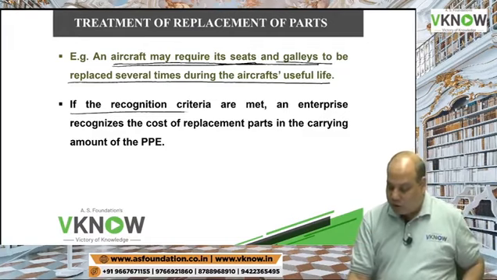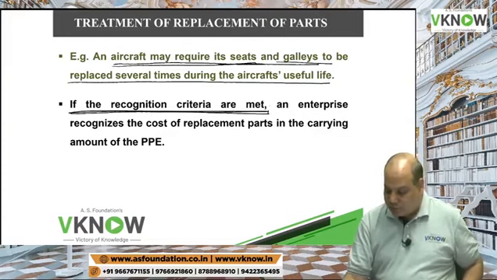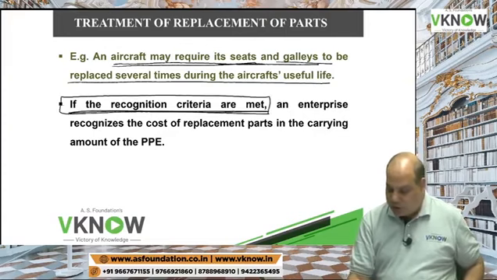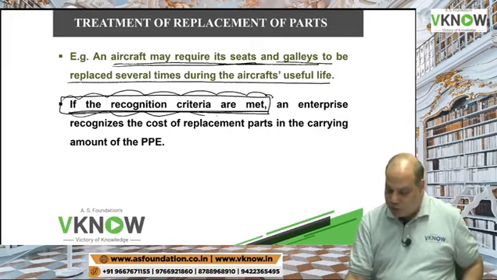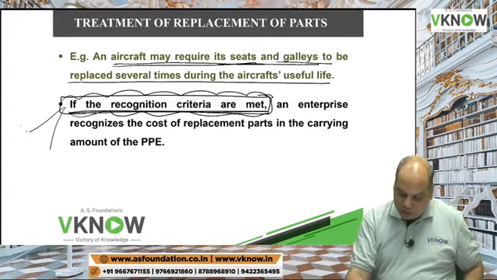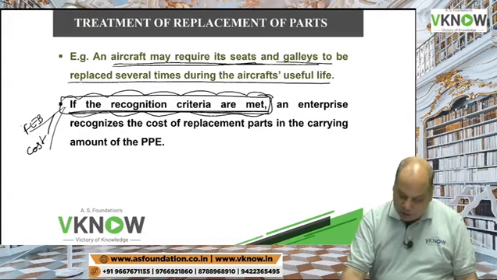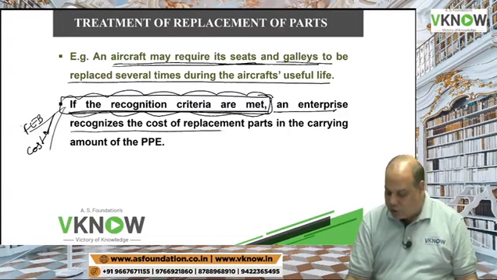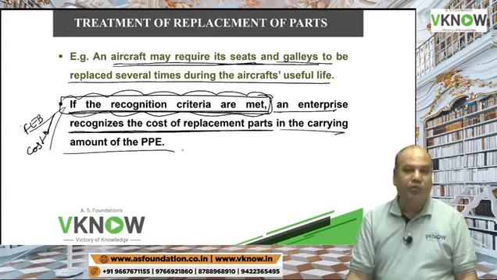So if the recognition criteria are met, recognition criteria means future economic benefits are there and cost can be measured reliably, then in that case an enterprise recognizes the cost of the replacement part in the carrying amount of the PPE.